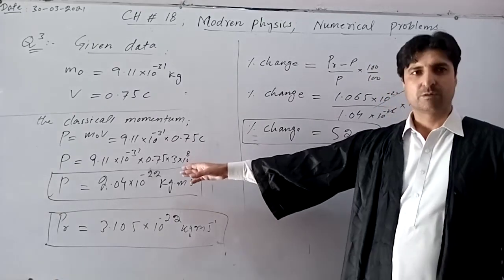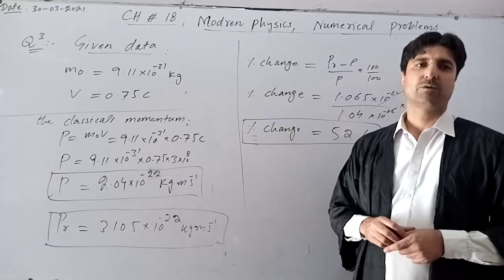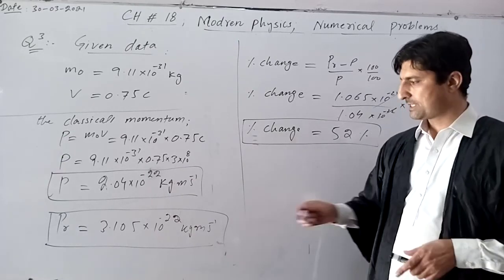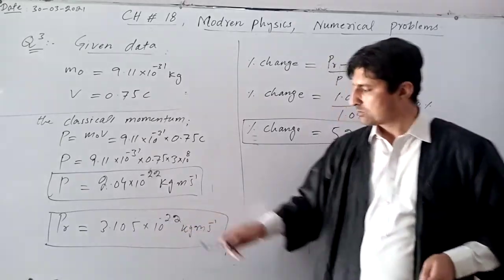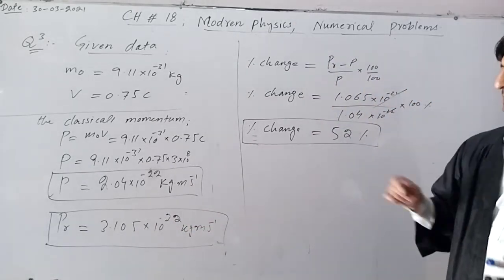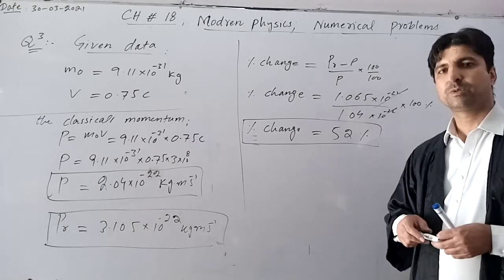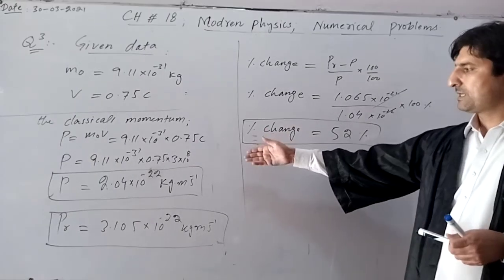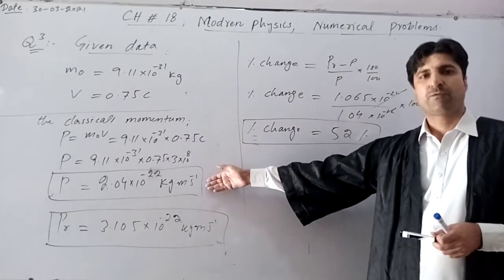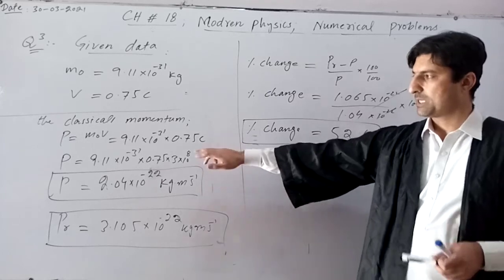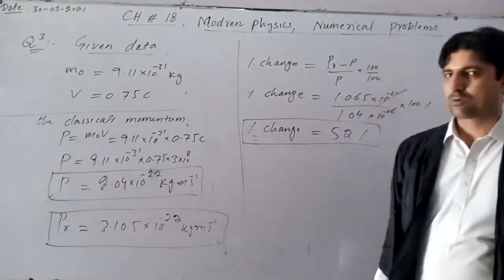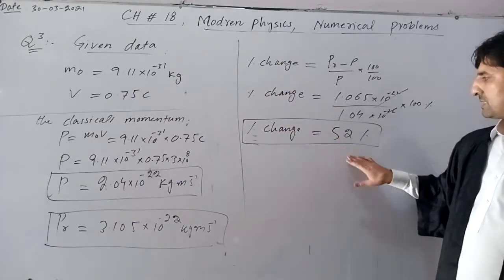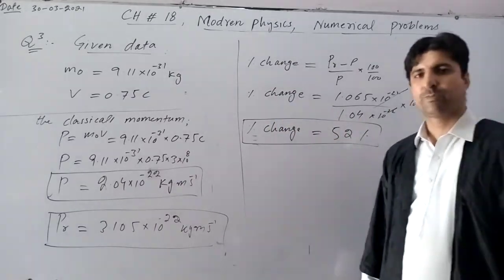Then by putting it in the formula PR equal to mv, we get that the relativistic momentum of this electron will be equal to 3.105 multiplied by 10 power minus 22 kg into meter per second. Similarly, we can calculate the momentum from classical physics by simply applying the formula P equal to mv. This becomes 2.04 multiplied by 10 power minus 22. The percent change is approximately 52%.